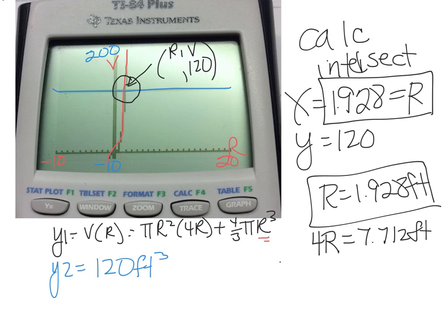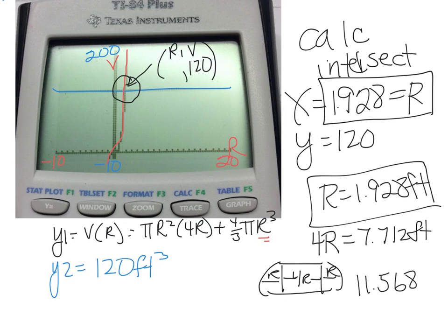And if you wanted the overall tank length, you would have to add the radius plus the 4r plus the radius again. And if you did that, you'd get a total length. They didn't actually ask for this, but the total length of the cylinder is 11.568 feet. That would be the overall cylinder length, including everything.